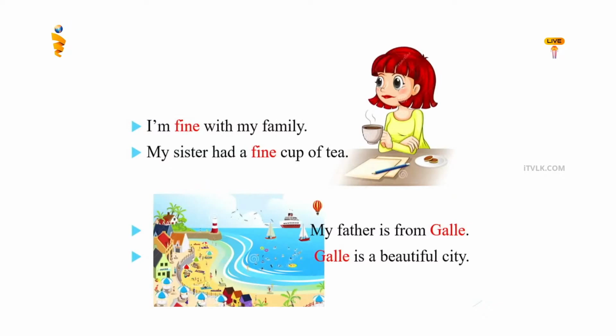Remember, children, certain cities, the way you pronounce in Tamil and Sinhala is totally different to the English. You say Colombo in Tamil and Sinhala, but in English we say Colombo. Now in Tamil we say Kandy, Sinhala Mahanuvara, but in English we say Kandy. So you have to remember your spellings, and you should also remember how you call the cities in English, especially the cities in Sri Lanka.